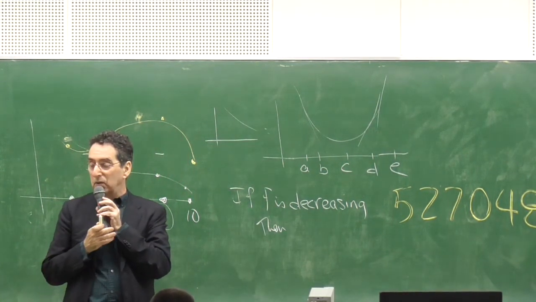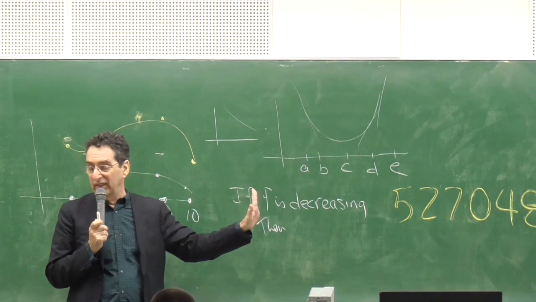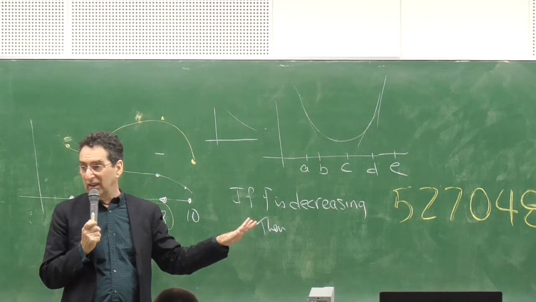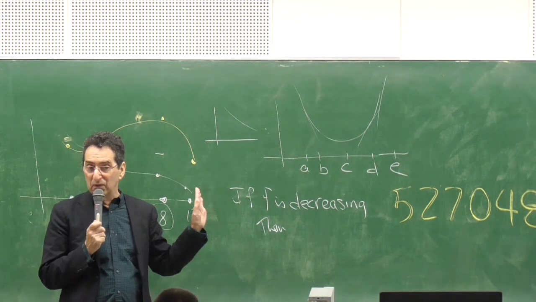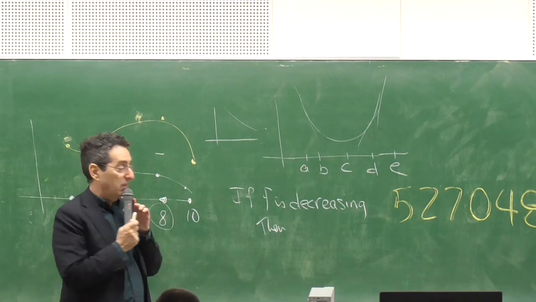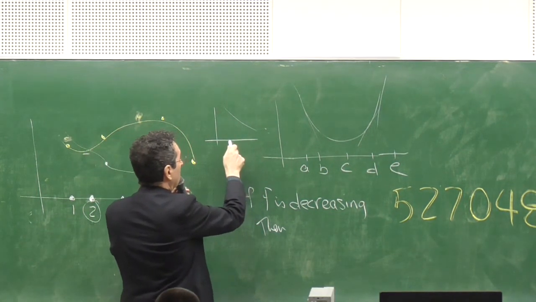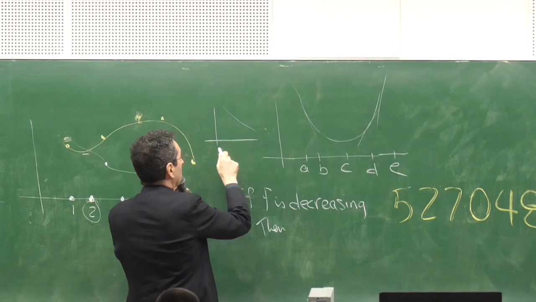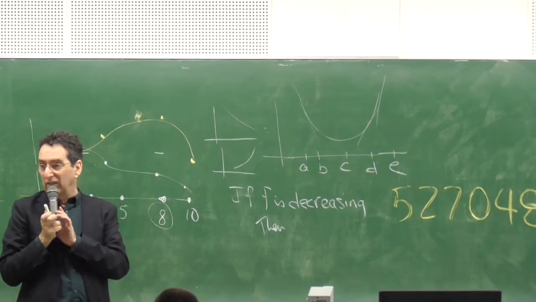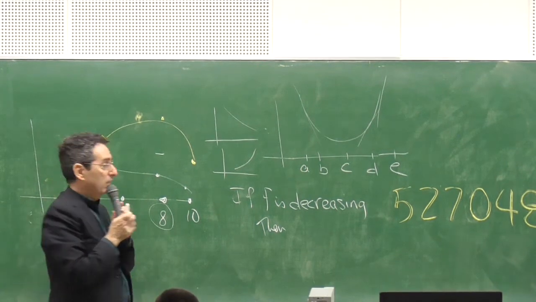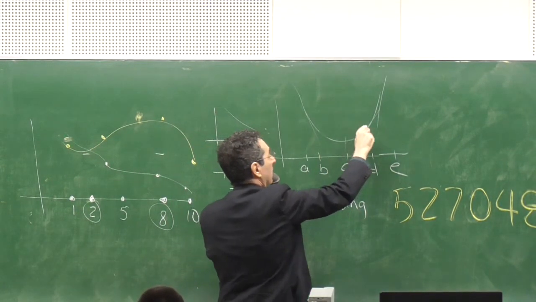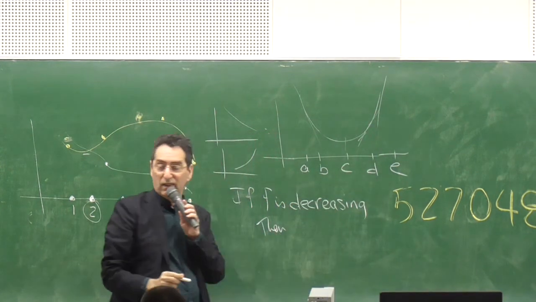Decreasing means as you move from left to right, the y value drops, and increasing means as you move from left to right, the y value increases. So this function is decreasing, and this function is increasing. Now, this function is decreasing here and increasing here.